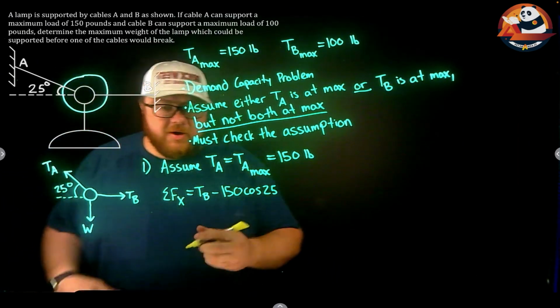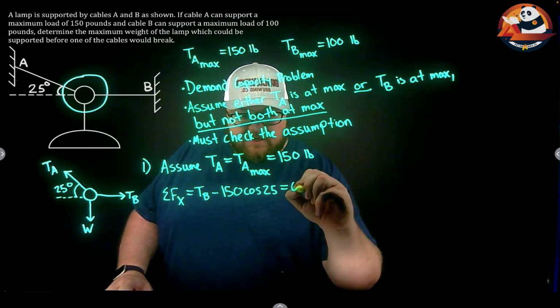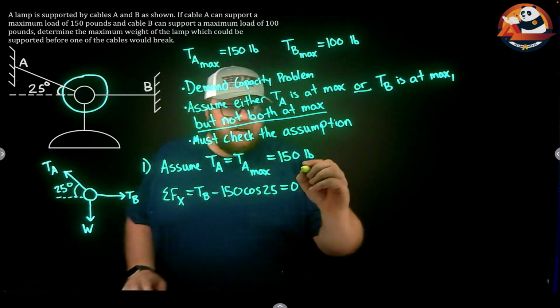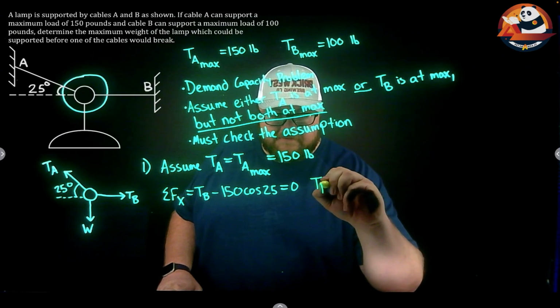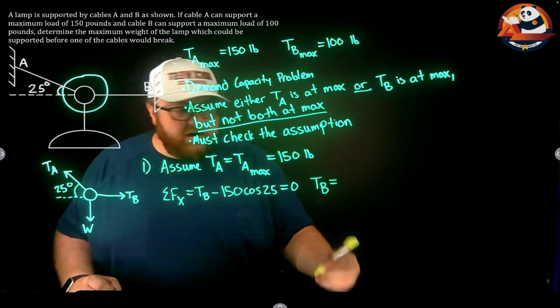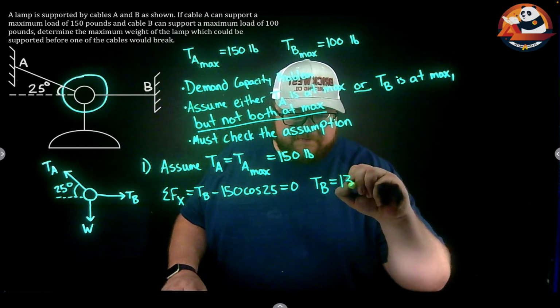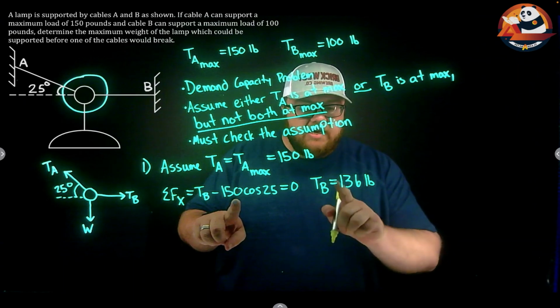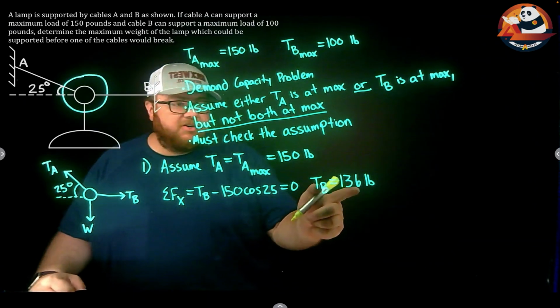For an equilibrium equation, I need to get that equals 0 in there, and then I can solve this out. TB is my only unknown. I'm going to get that TB is equal to 136 pounds. So for TA to get to 150, TB would have to be supporting 136 pounds.